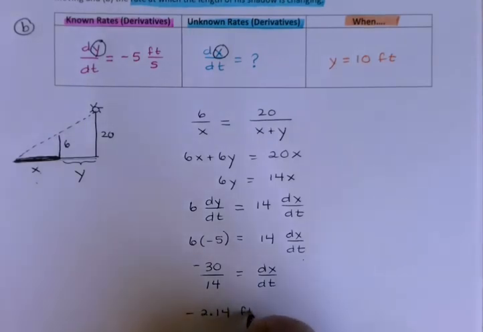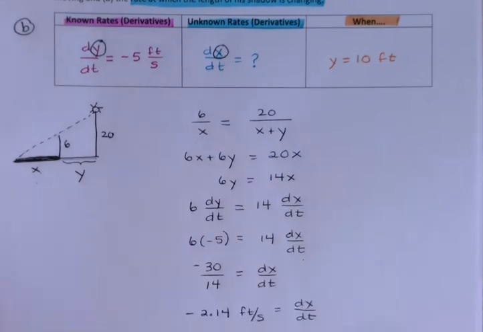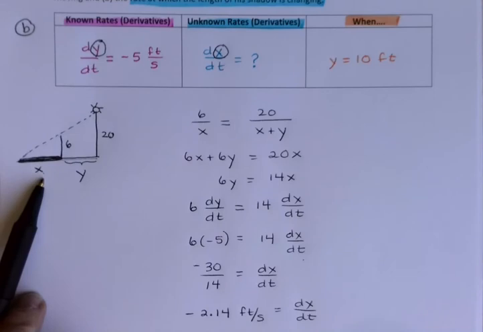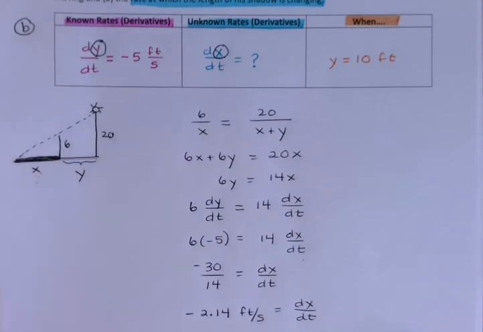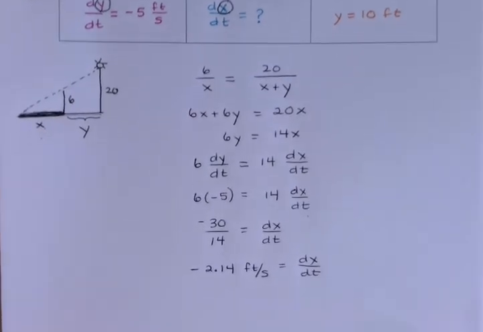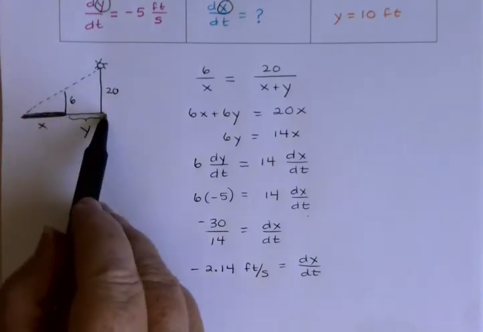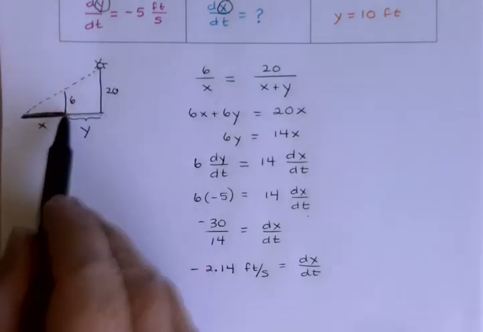And that would be in feet per second, meaning his shadow is getting shorter at the rate of 2.1 feet per second. Makes sense, he's getting closer to the light pole, right? The shadow is going to get shorter and shorter.